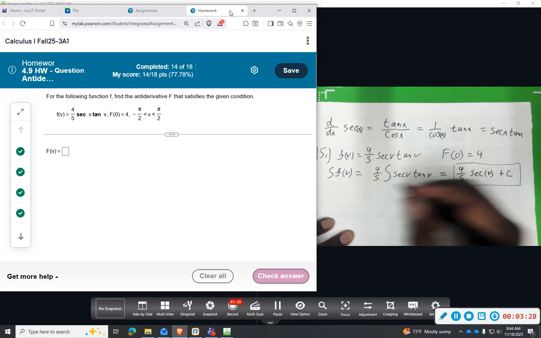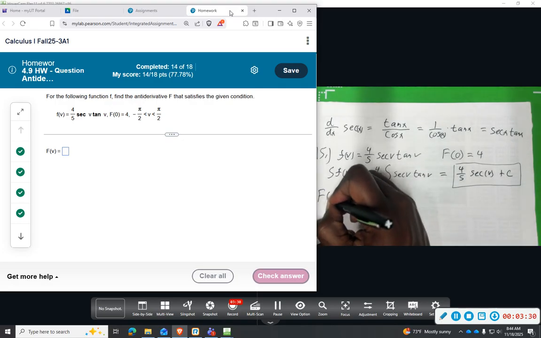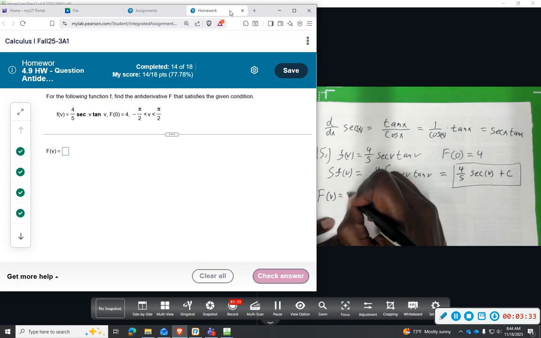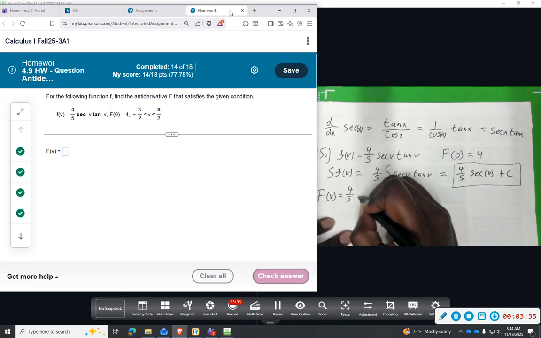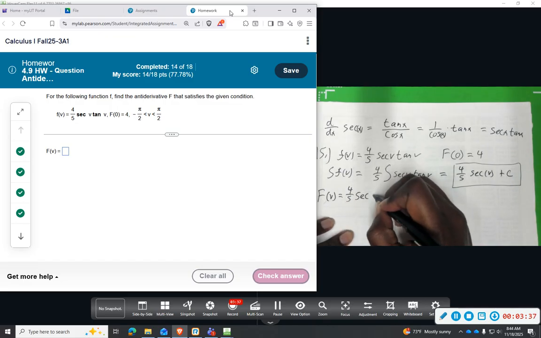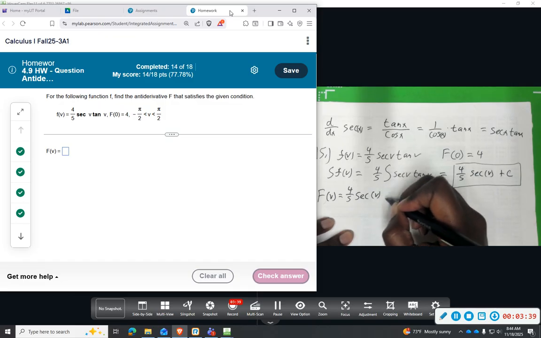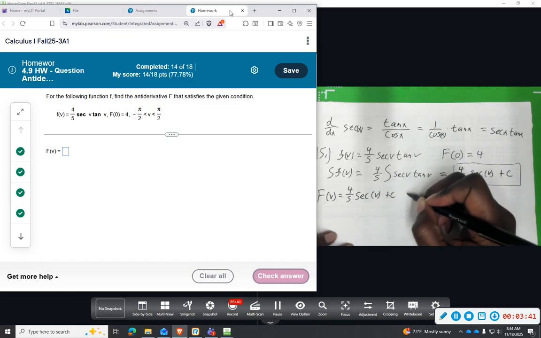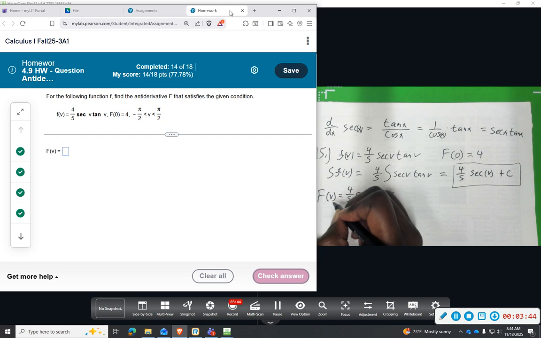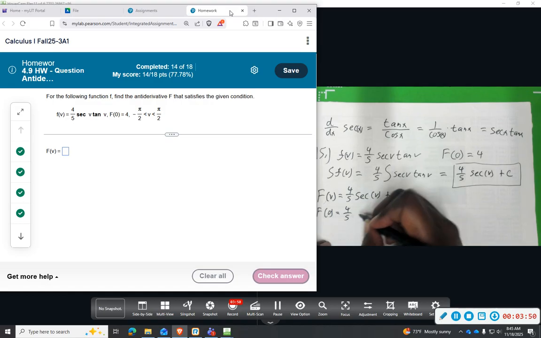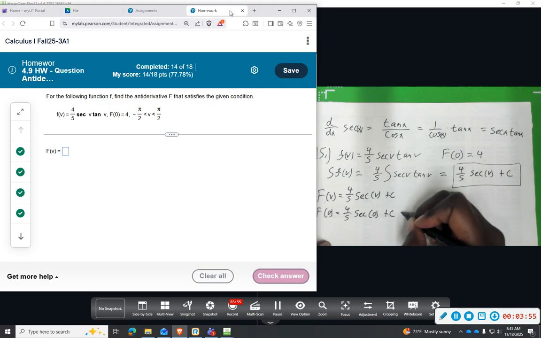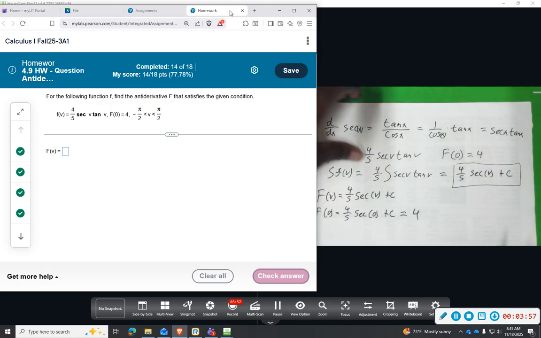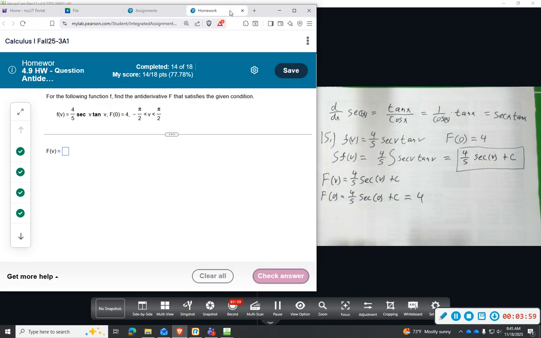Now we're going to take this big F of v, and we're going to plug in a 0. And it should be equal to 4. All right, so now we've got to use the unit circle.